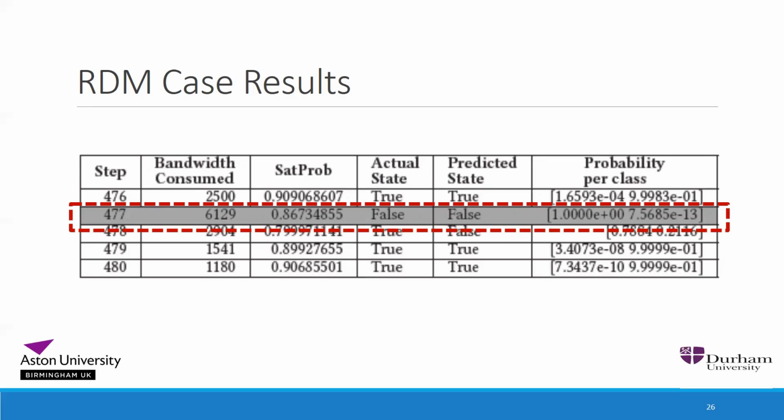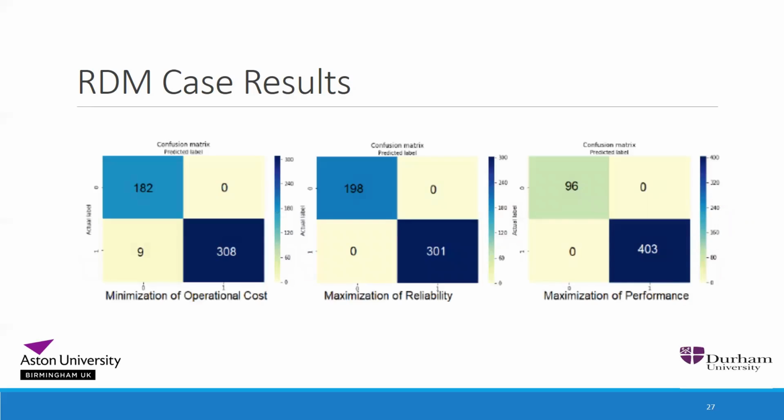Belief satisfaction probability is maintained by the multi-reward POMDP++ for all the non-functional requirements. As a result, we got different results. For example, for the 500 test samples, for the case of minimization of operational cost, we got almost all correct predictions, except there were 9 where the actual satisfaction state was true and it was predicted as false.